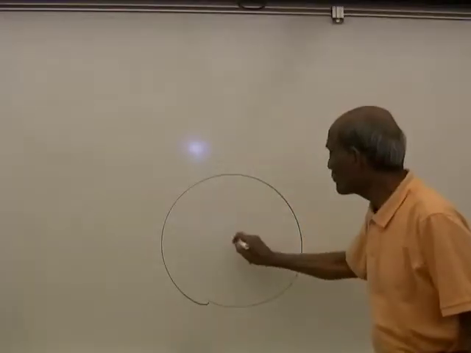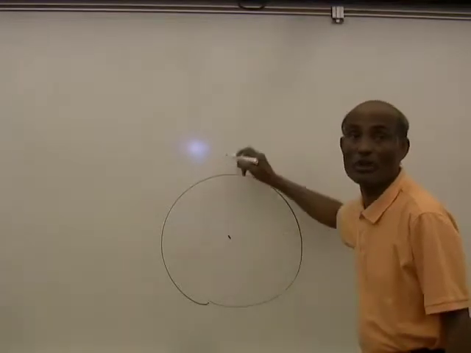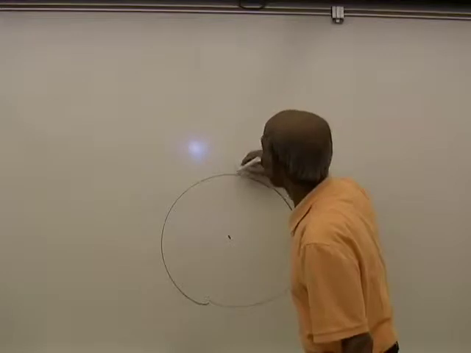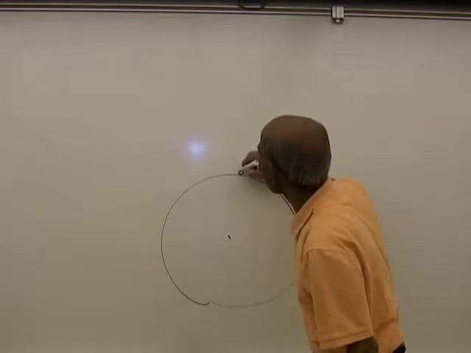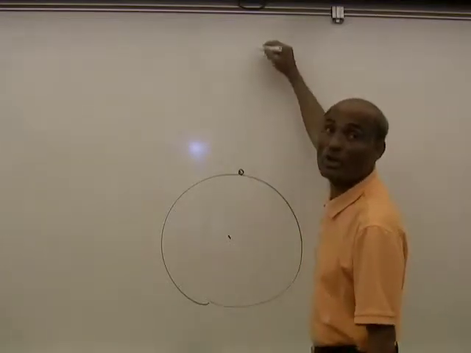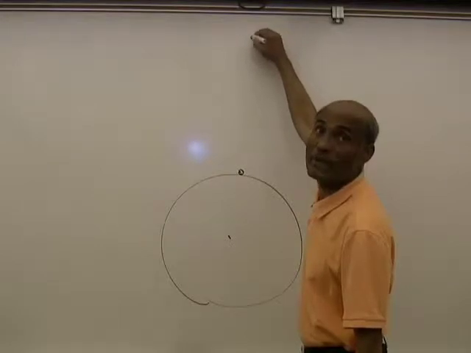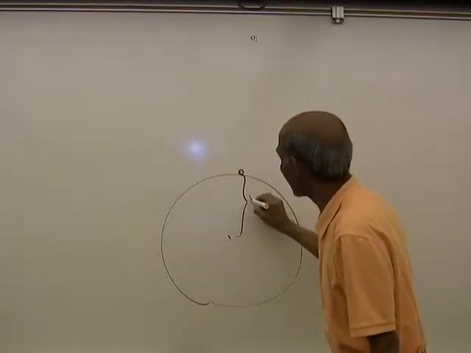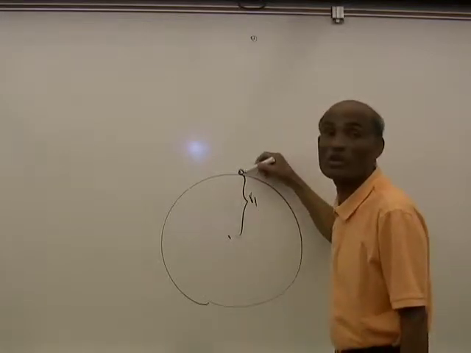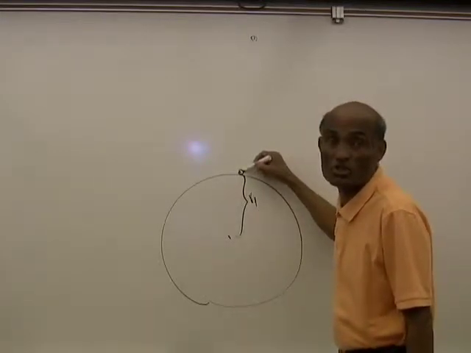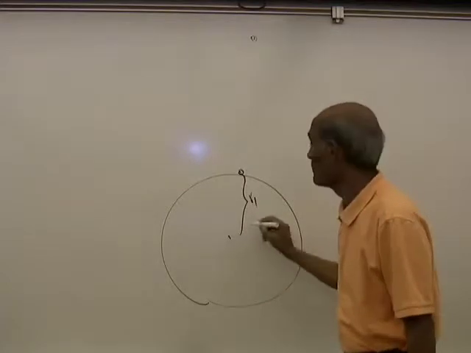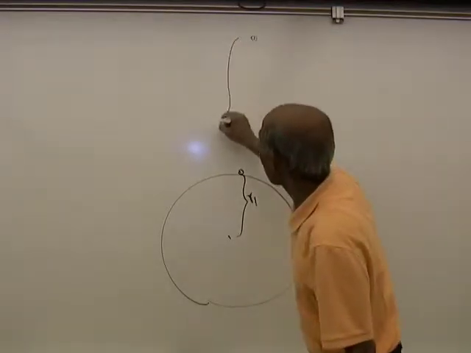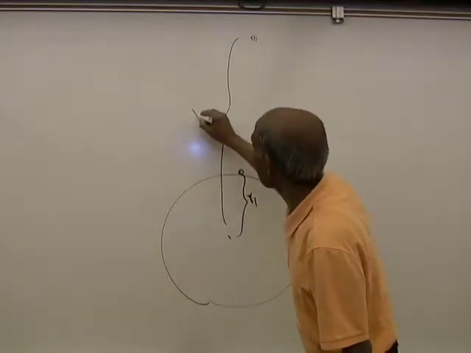Let's imagine that this is the earth. This is the center of the earth. Now, we need to move an object, say, from the surface of the earth to somewhere here. Now, this is your r1. r1 is the initial distance of the initial position from the center of the earth, and this distance is r2.